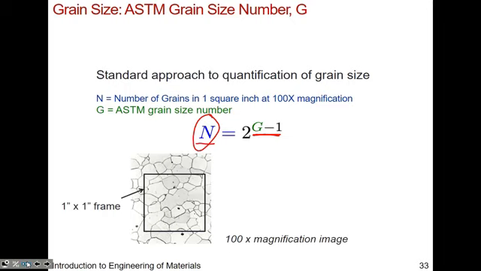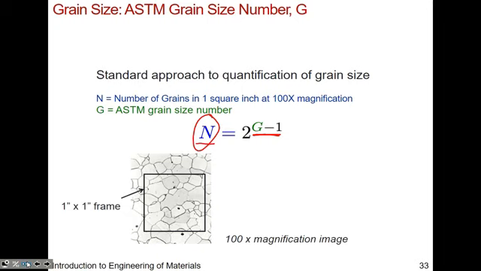And where we left off was I was discussing that you have to take these images at 100x magnification when you report this. Obviously, if you do it at different magnifications, that's fine. In real life, people do their experiments at a variety of magnifications, and there all you have to do is just normalize to that. So if you do it at 200x, 400x, you just scale it by the square of the magnification.